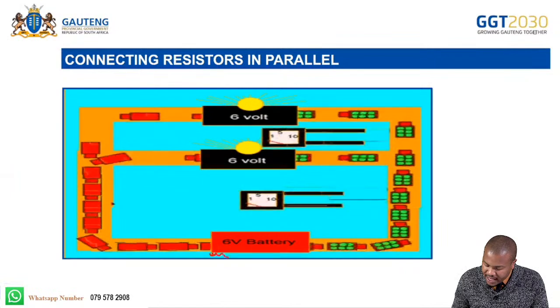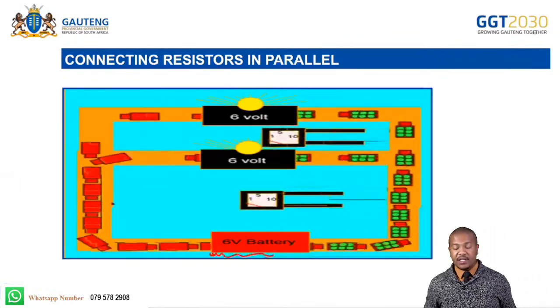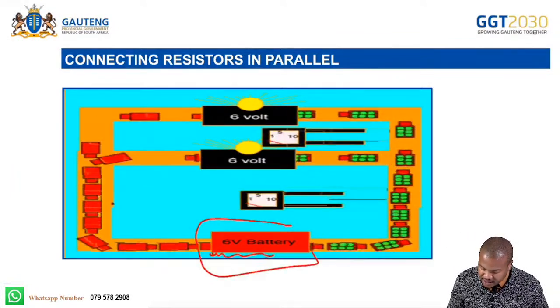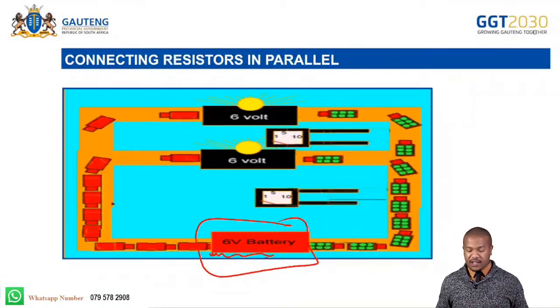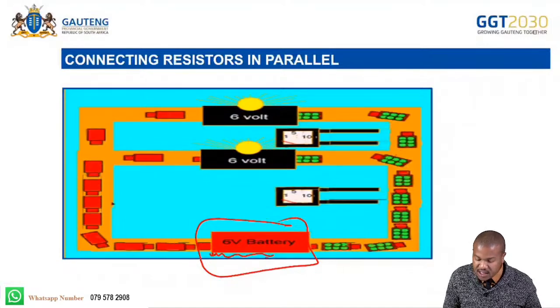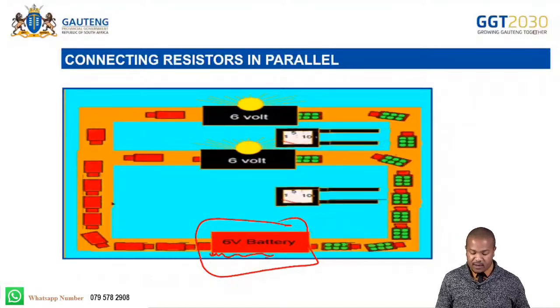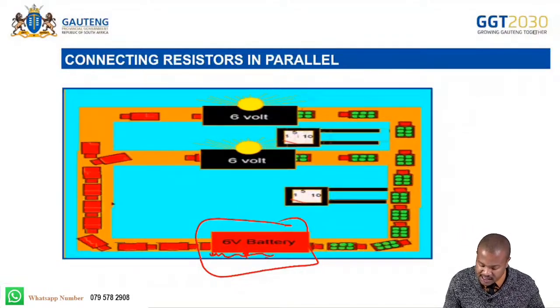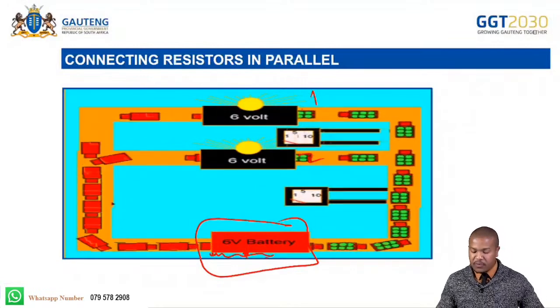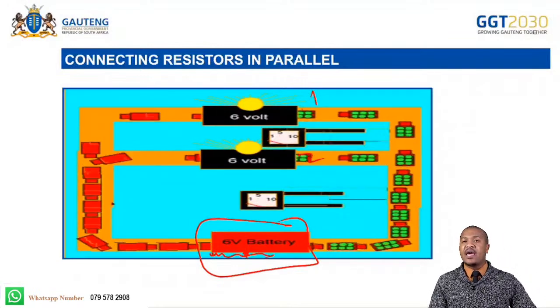So now let's look at this example here. When you look at this battery, which provides our current, it has 6 volts when you're measuring voltage. And when you look at these resistors, resistor 1 and resistor 2, they are of the same voltage as well.